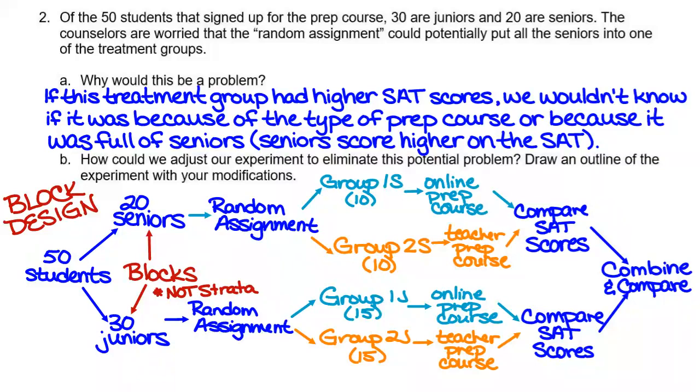All right. What happens, though, even if I do this, whether I'm talking about my completely randomized design or my block design, if I end up with all of my top kids, the highest GPA in the online group, is that a problem?